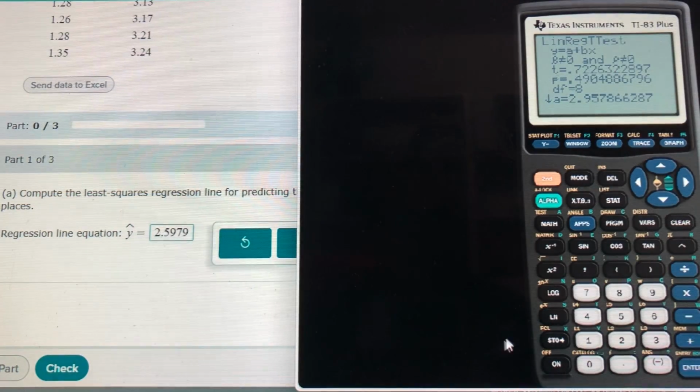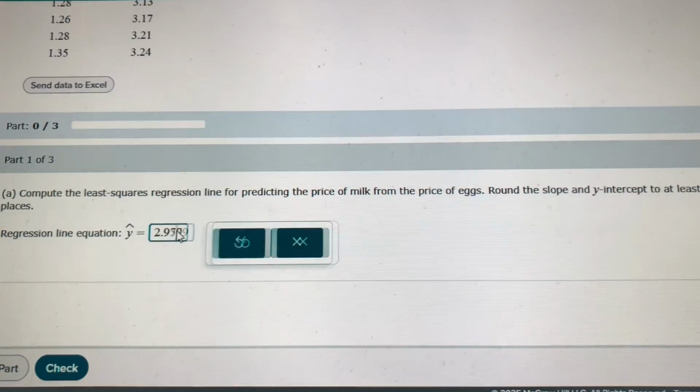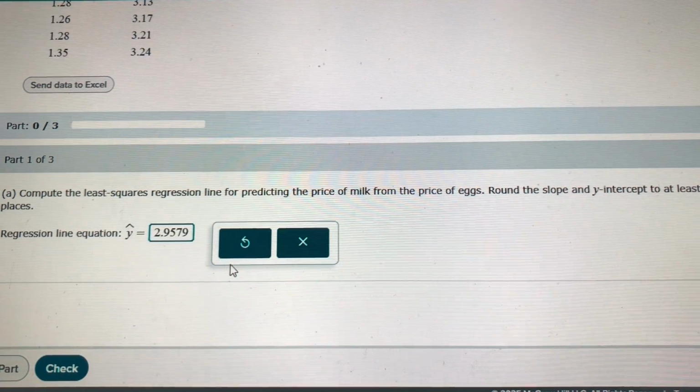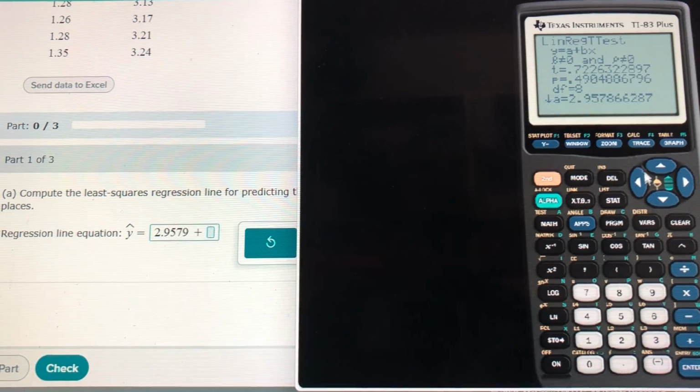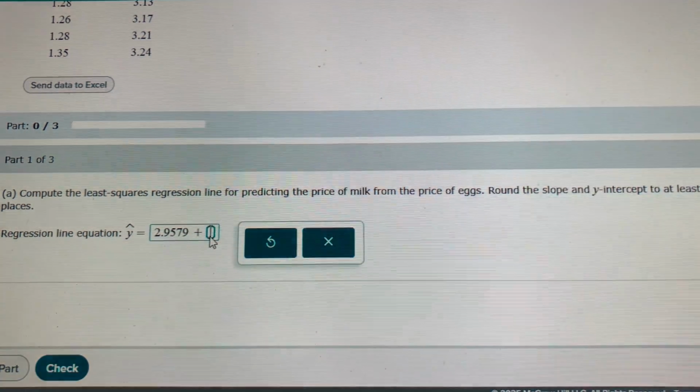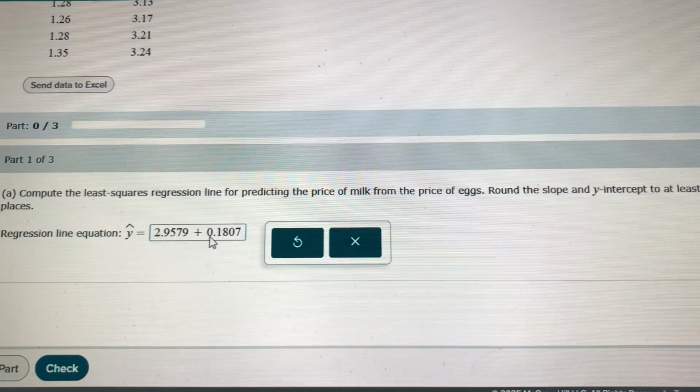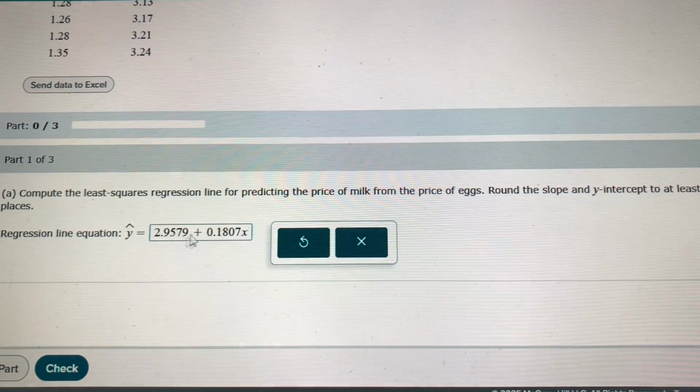Oh, I had a dyslexia moment. 2.9579, not 2.5979. Plus, and then down here to see the b, 0.1807. And then you put x at the end. So that's your y-intercept and your slope of this line.